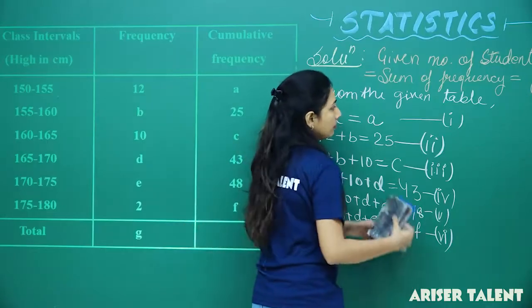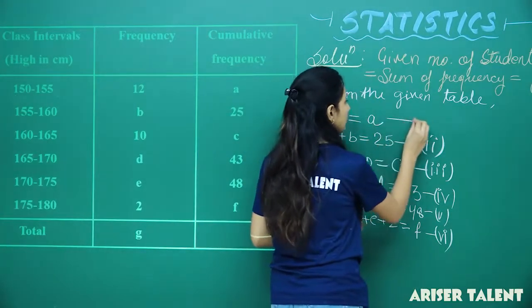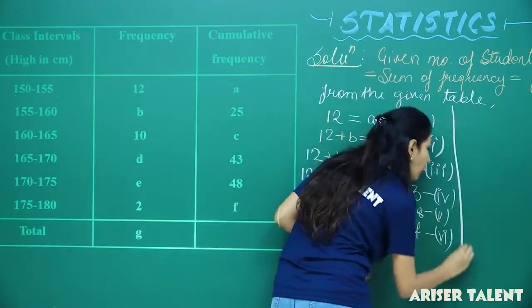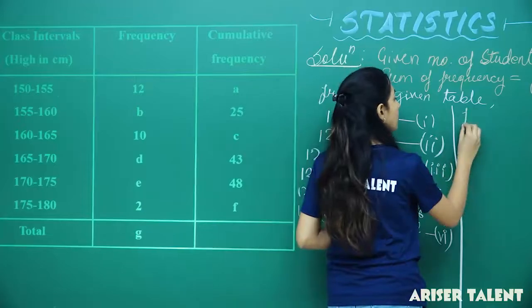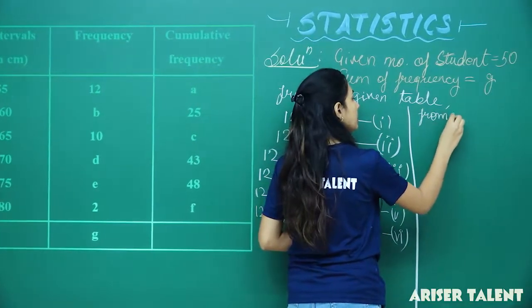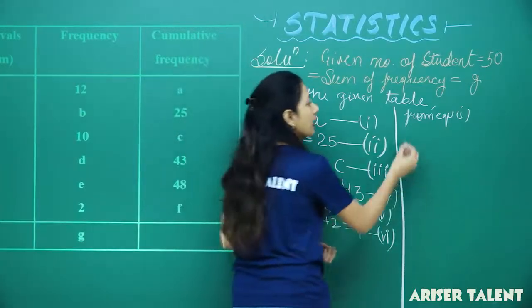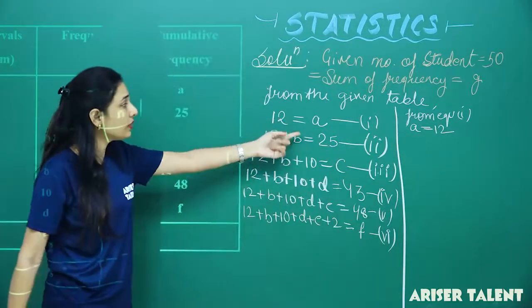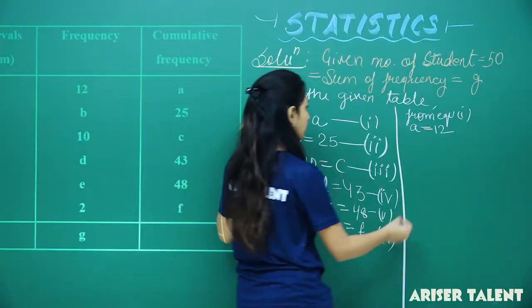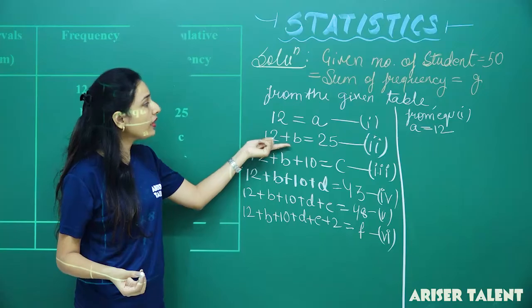Now, from equation 1 I am starting. So, from equation 1, simply you are having A equals to 12, put the value of A equals to 12 here. No, we are not supposed to write from equation 2.